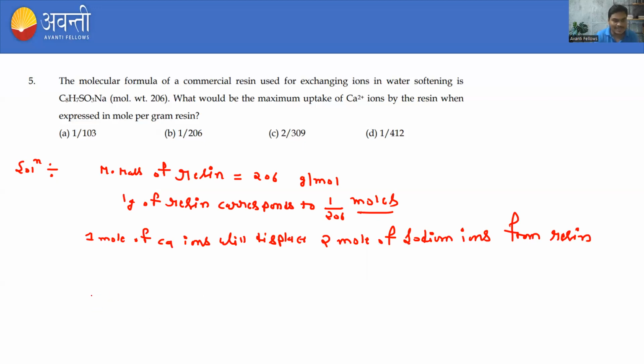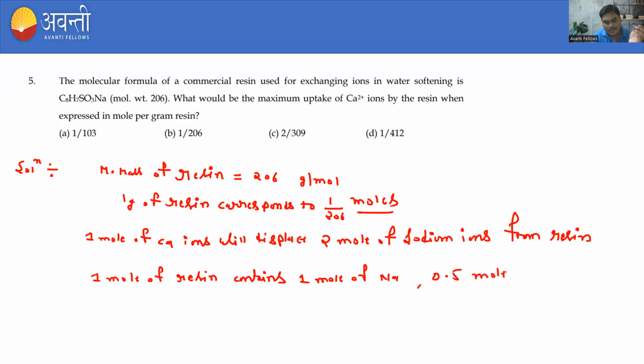So obviously 1 mole of resin contains 1 mole of sodium and can take up 0.5 mole of calcium ions. So we can easily calculate now.